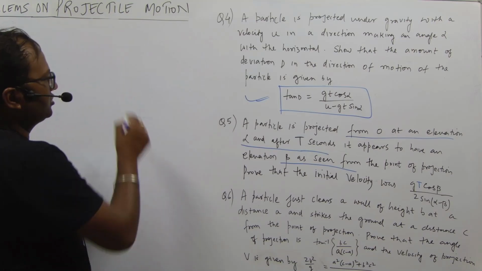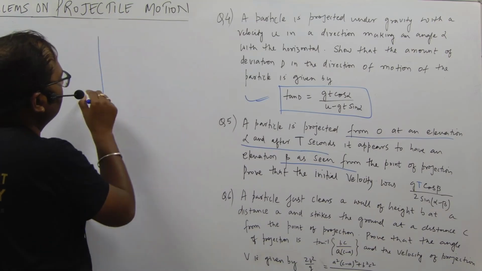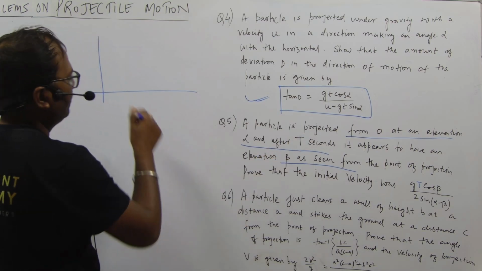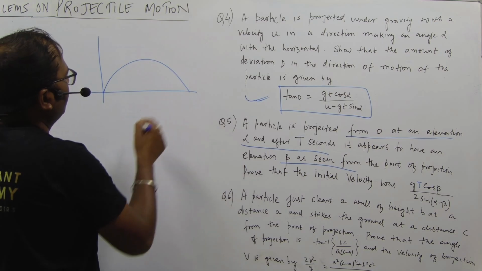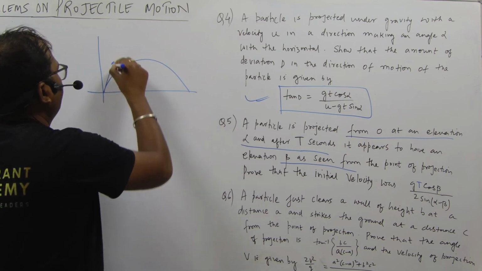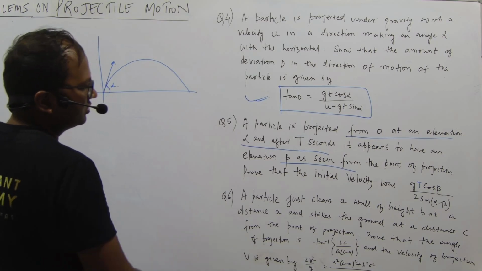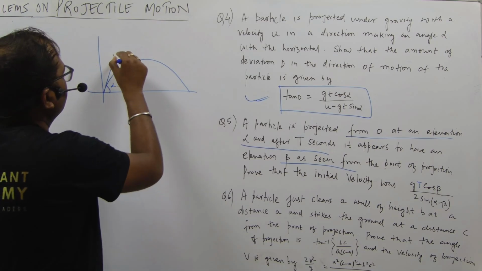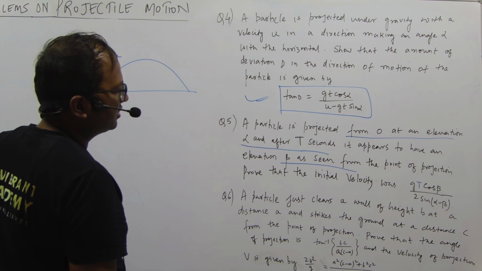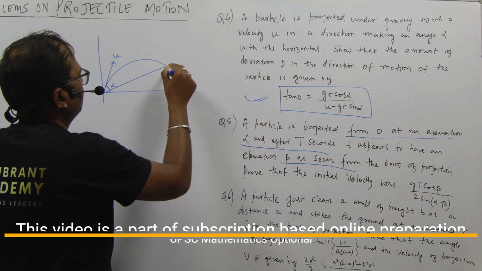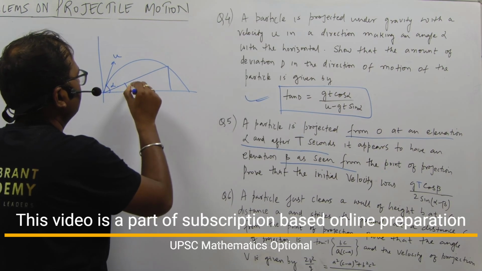So this particle is projected from O at an elevation alpha. Let us consider the initial velocity as u, and after t seconds it appears to have an elevation beta. So this elevation is beta.